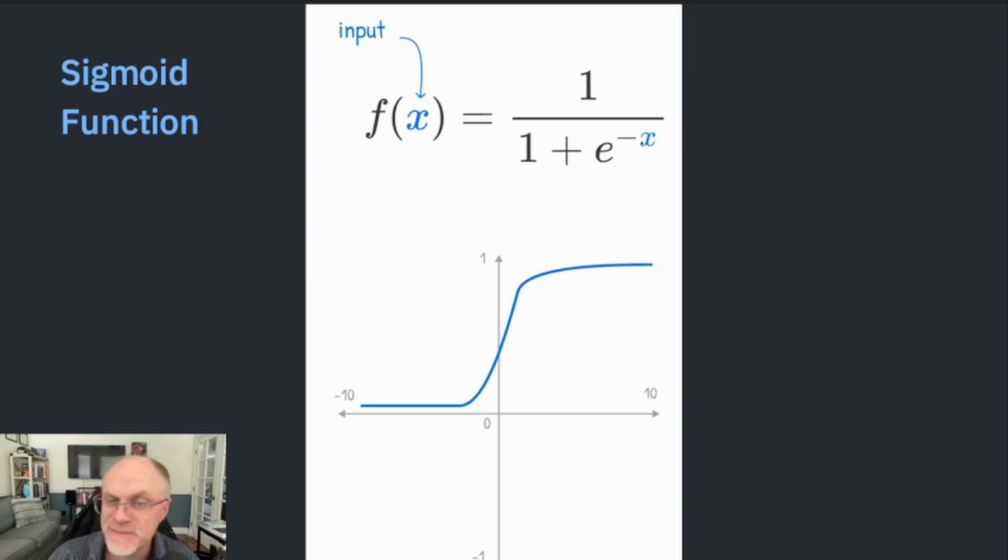So you can see on this plot below that what it actually does is it takes any number, from negative infinity to positive infinity, and it squashes it to a value between 0 and 1. And why is that helpful? Because 0 means we're sure that it's one class, and 1 means we're positive that it's the other class.